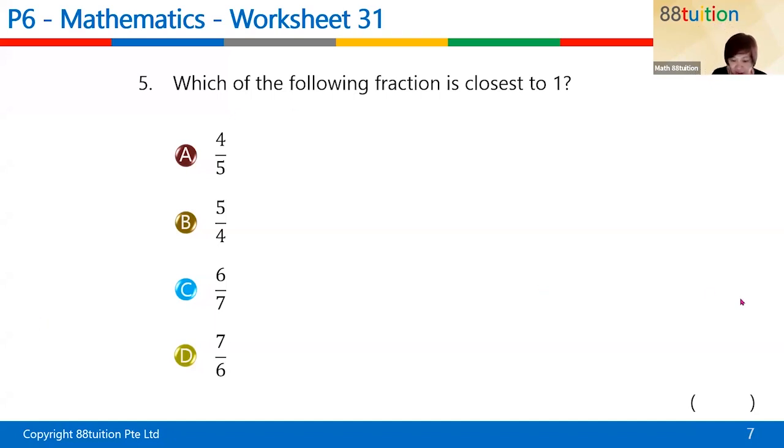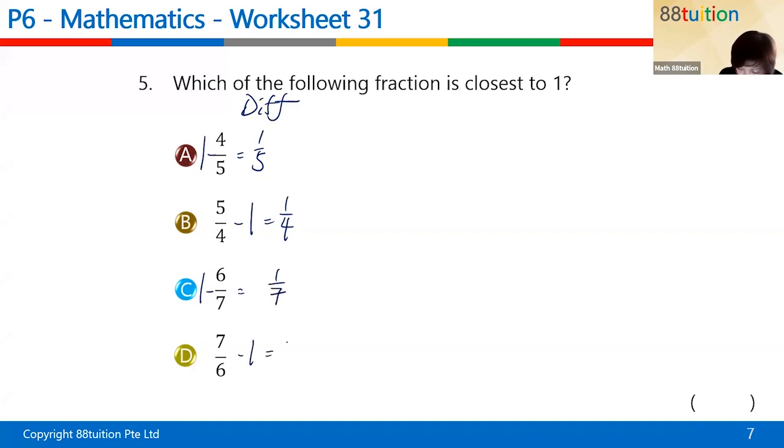Okay, which of the following is the closest to 1? Closest to 1, very simple. Use 1 whole minus this is equal to 1/5. So what I'm looking for is the difference. Then this one minus 1 whole is equal to 1/4. Then 1 whole minus 6/7 is 1/7. Then 7/6 minus 1 whole is 6/6, right?